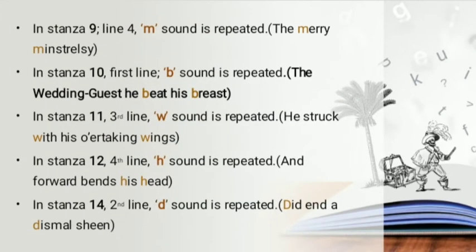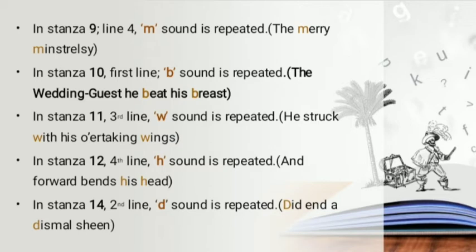Number 4, in stanza 9, line number 4, the M sound is repeated: the merry minstrelsy. Number 5, in stanza 10, first line, the B sound is repeated: the wedding guest he beat his breast.